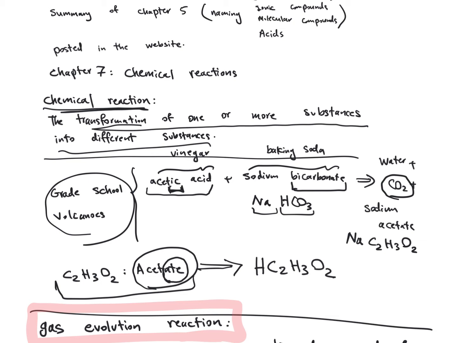Is it a different substance? Let me ask you this: what is the chemical formula of water in liquid form? Yes. So what is it in the gas form? Exactly, so it's the same substance. So that is not a chemical reaction.